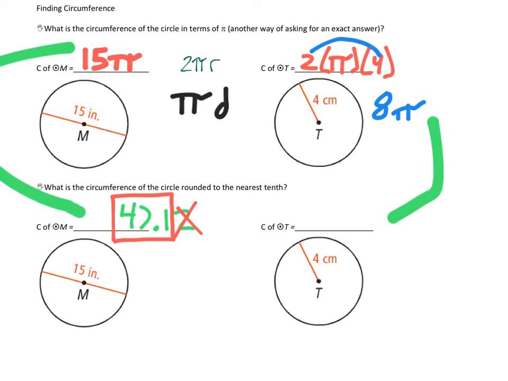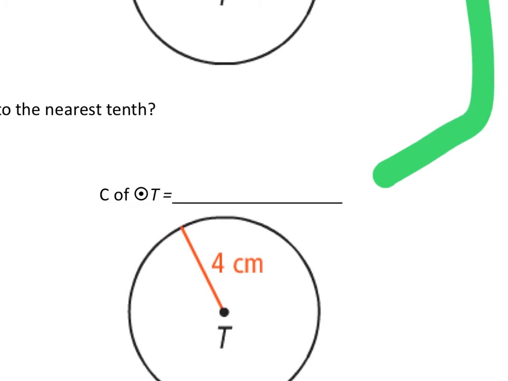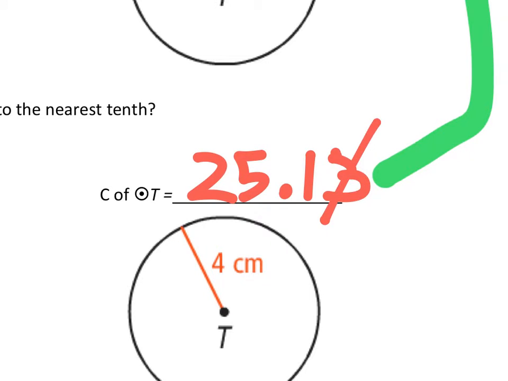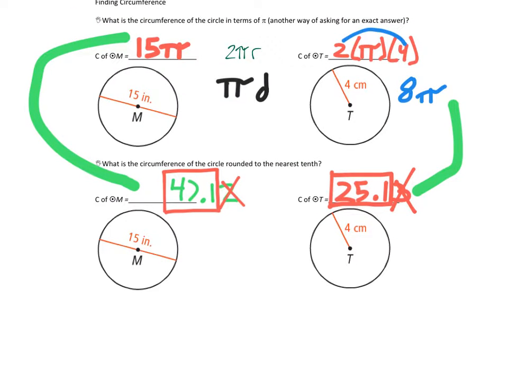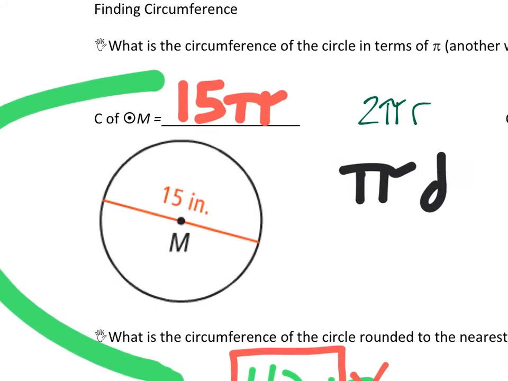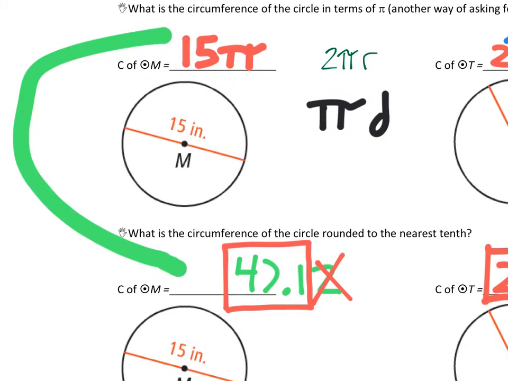Now for this one here, I would do 8 multiplied by pi. And on this one, I would get 25.13. 3 is not 5 or larger, so I will not round up my 0.1. Here is my answer. Right now, this 47.1 and that 15 pi are equivalent, essentially.